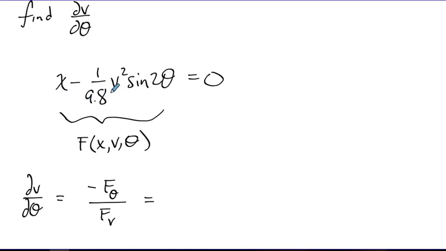The 1 over 9.8 v squared is all constant right now if the variable with which I'm differentiating is only theta. So this term will go to 0 because it's a constant term, but this is a constant factor times the function of theta. So this constant factor gets copied in the derivative.